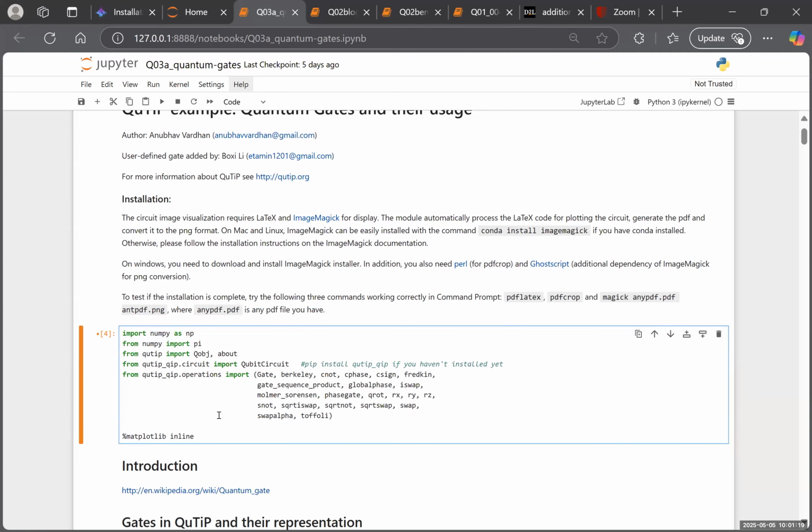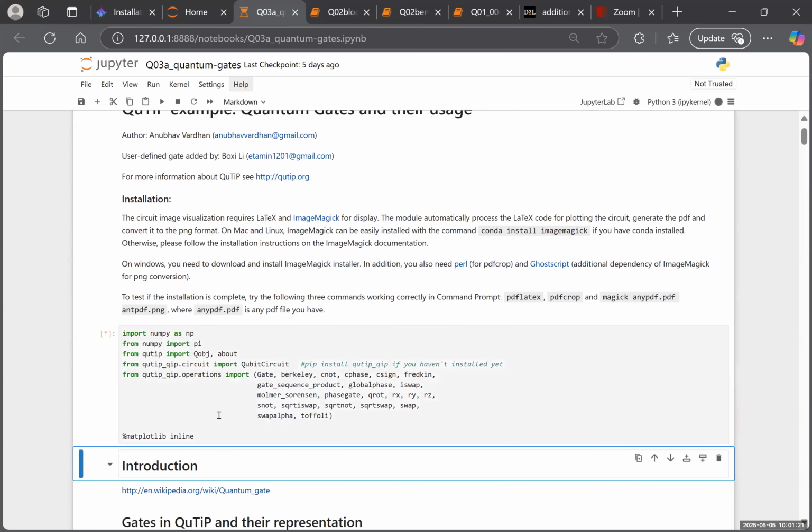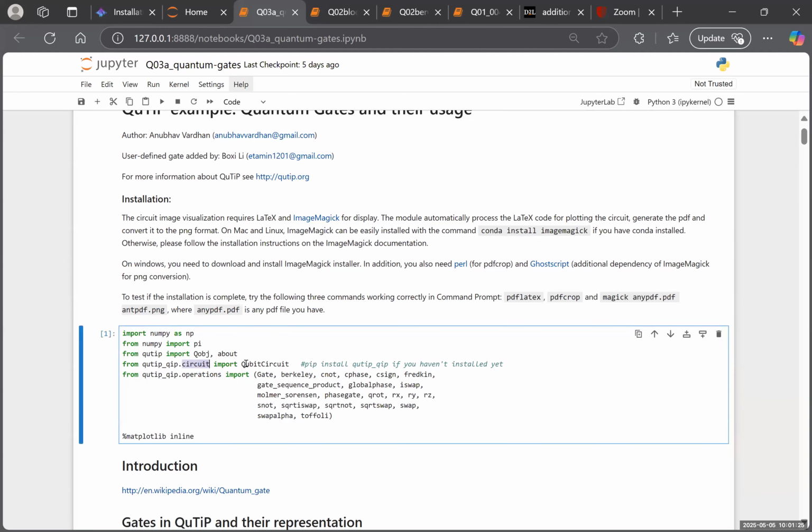So we go to this. You can see you will import quantum qubit circuit there. Gate. There are a lot of gates. There's even a gate called Berkeley. CNOT, CPHASE, CSIGN, Fredkin. Fredkin is the control swap gate.